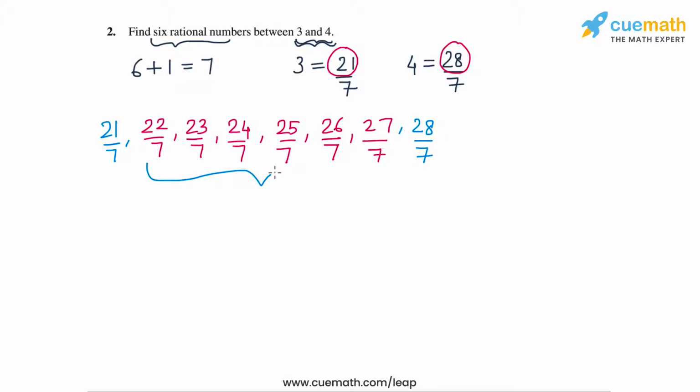So these 6 rational numbers lie between 21 by 7 or 3 and 28 by 7 or 4.